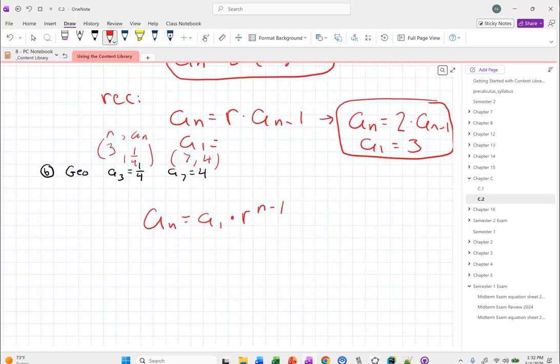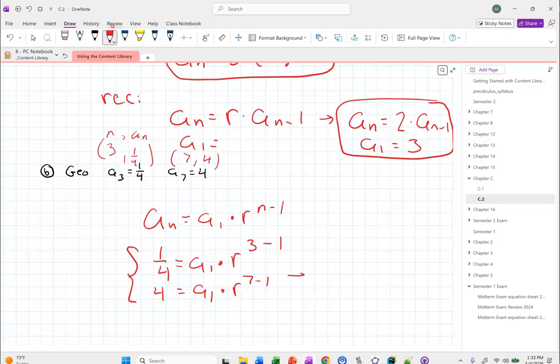Right? So I can use that to write a system of 2 equations. Is everybody okay with how I form the system?